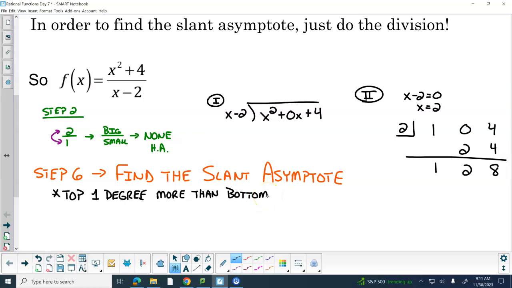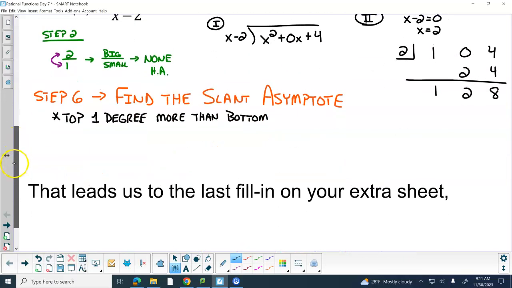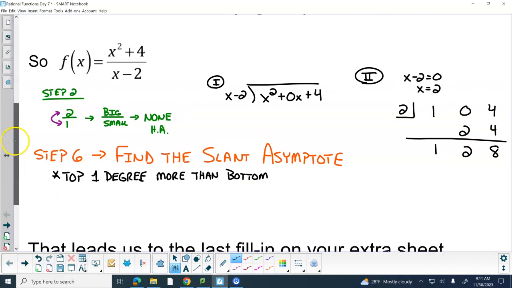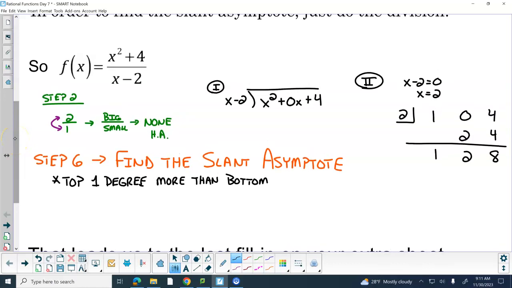That's our qualification: the degree in the top is 1 bigger than the bottom for step 6. So then, how do we go about doing it? The first thing that we do is the division.